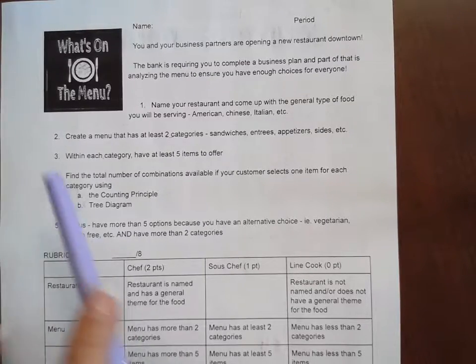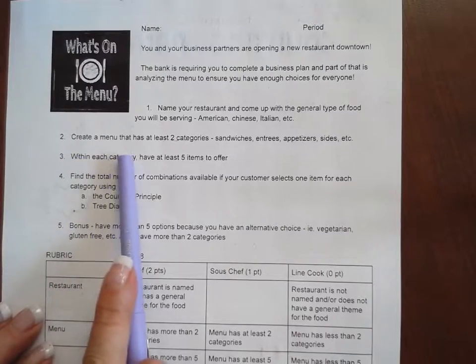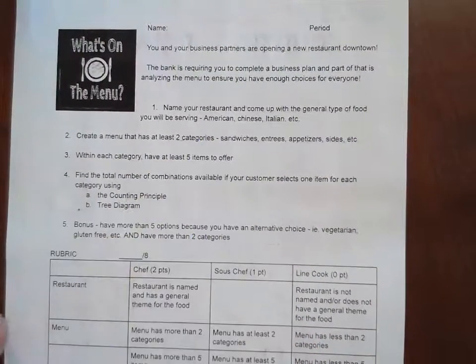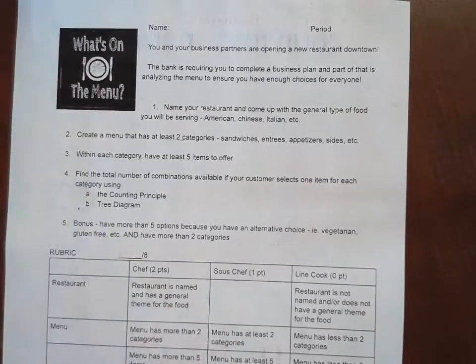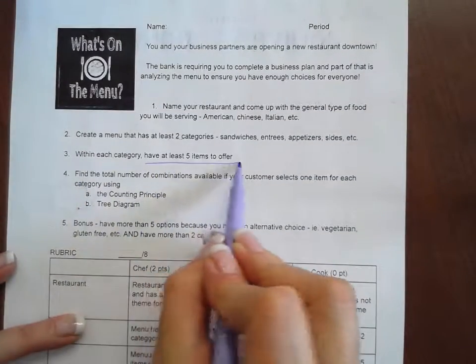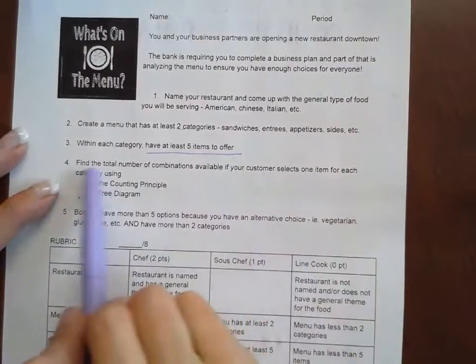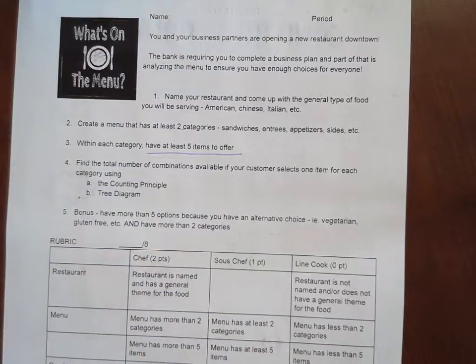Create a menu that has at least 2 categories. Sandwiches, entree. If you want to have dessert and drinks, I don't care. It's up to you. Within each category, have at least 5 items to offer. Then you're going to find the total number of combinations available.